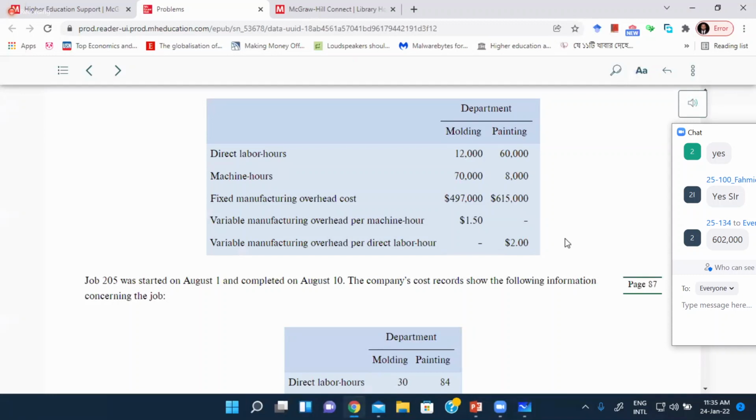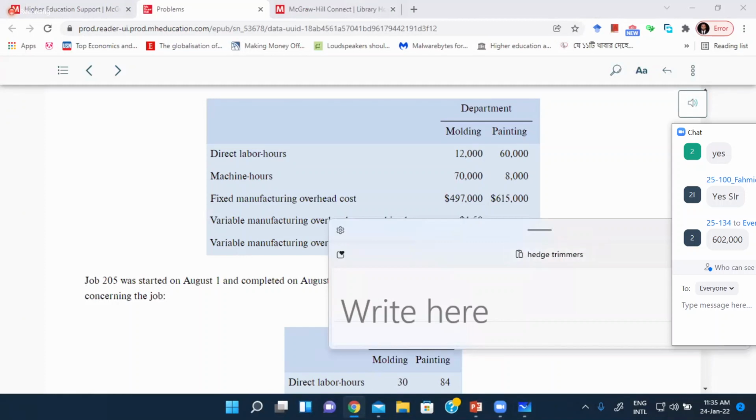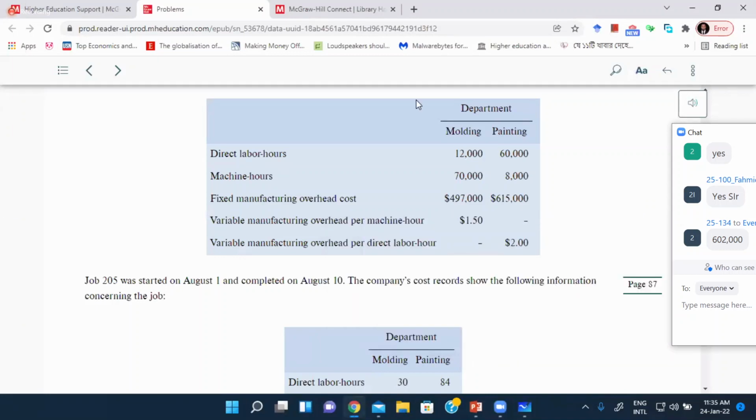Why are we using the machine hours instead of the labor hours to get the total variable manufacturing overhead cost for the molding department? Machine hours is the appropriate answer from Amit.